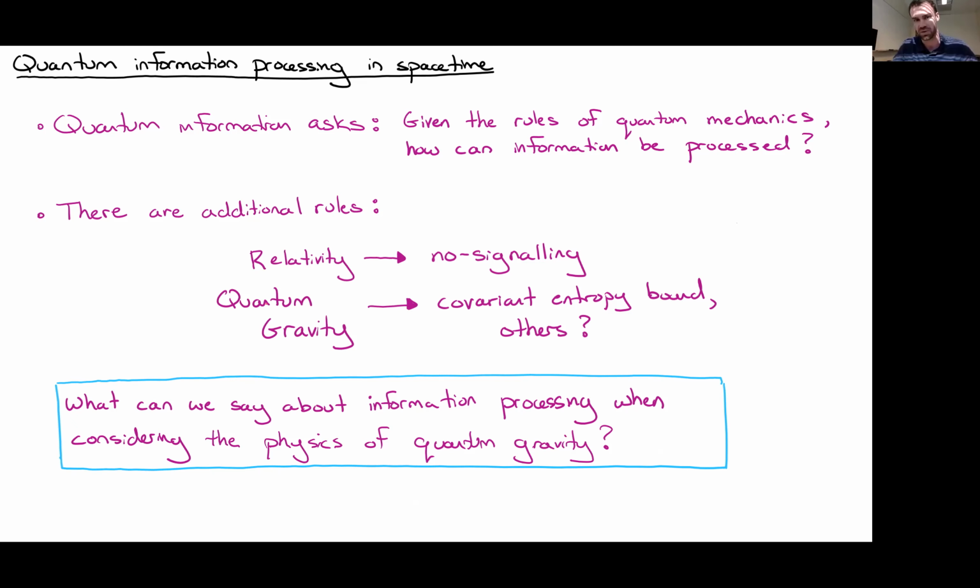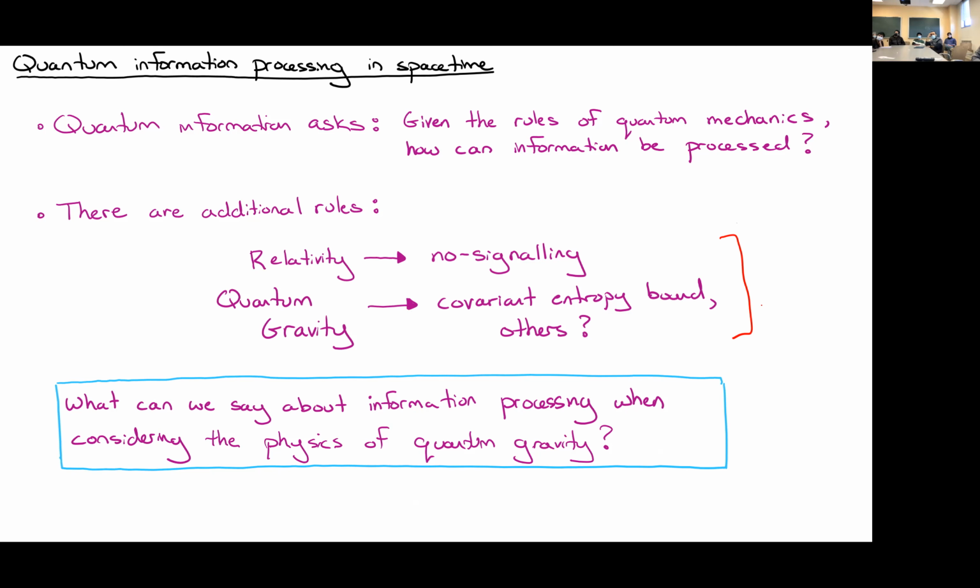So for example, there's a conjecture, which most of you will know, which is the covariant entropy bound. What this says is that the amount of entropy that can pass through some region in space-time is bounded above by the area of that region. If that's true, that's again some kind of interesting information processing constraint coming from quantum gravity. And I think what these examples make clear is that if we want to think about the physics underlying information, quantum mechanics is not the end of the story.